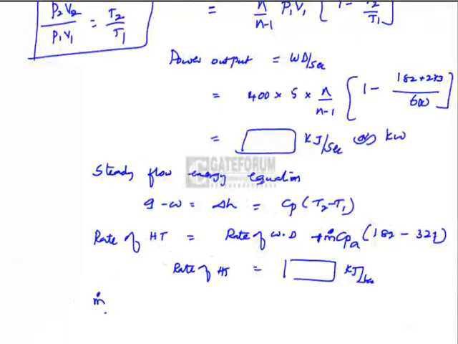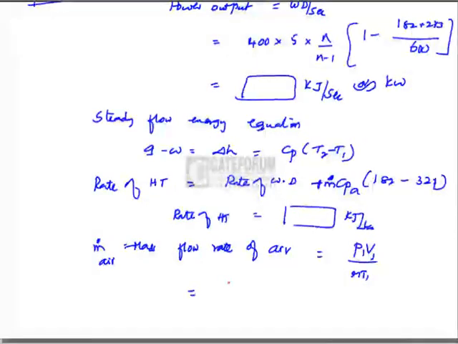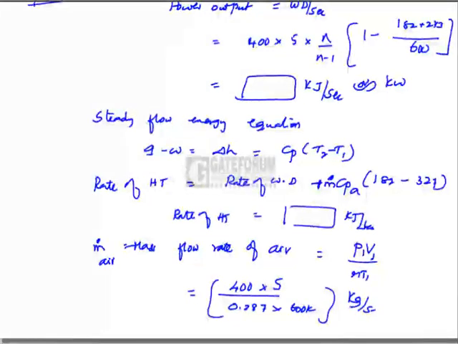Mass flow rate of air could be obtained using the ideal gas equation, P1 V1 divided by R T1, where P1 is given as 400 kilopascal, volume flow rate is 5 meter cube per second, R value is 0.287, and inlet temperature is 600 Kelvin. This gives the mass flow rate in kg per second. This mass flow rate could be substituted here and the rate of heat transfer can be obtained.